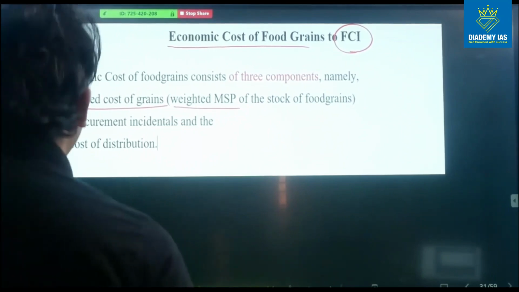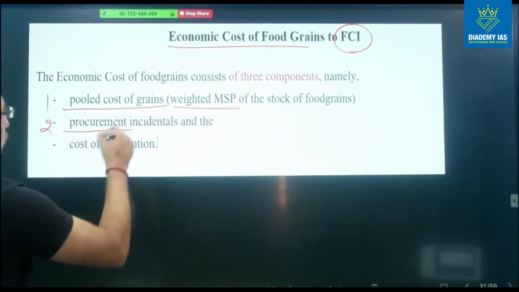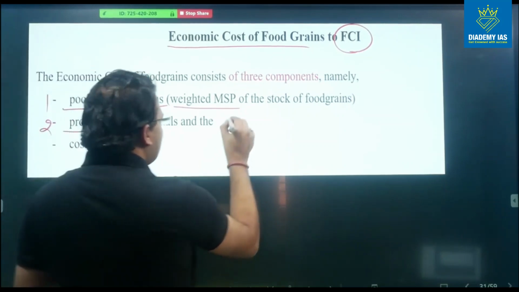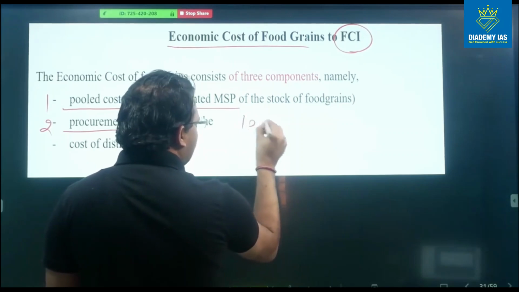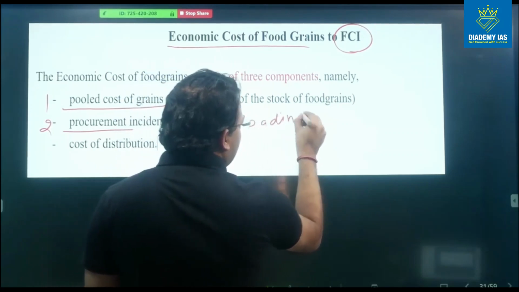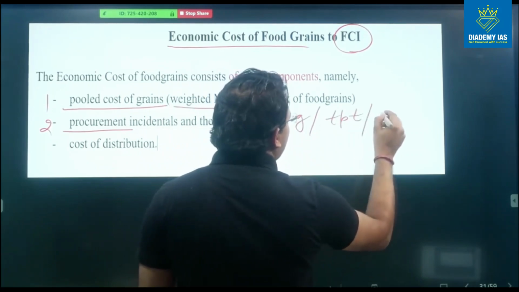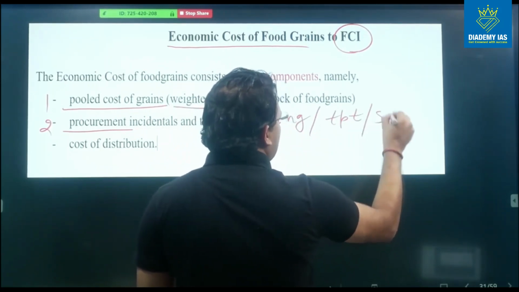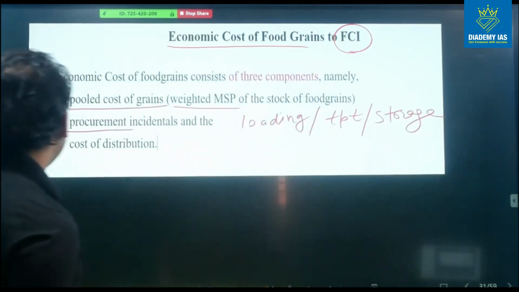Second is procurement incidentals. Procurement incidental means the procurement related cost. For example, the cost of loading, transportation, right? Even the cost of storage also, right? Then cost of distribution.